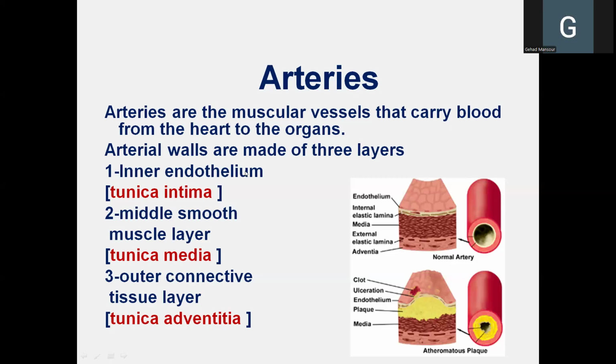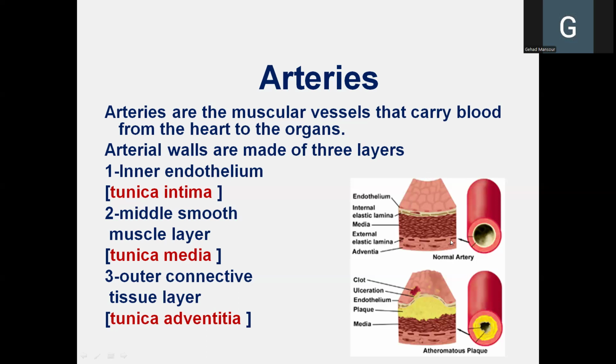The wall of the artery is made of 3 layers, and each layer is called a tunica. So we have the innermost layer that's called tunica intima. This layer I'm showing on the slide, and it is called tunica intima because it is the innermost and it is in direct contact, or intimate contact, with the blood here.